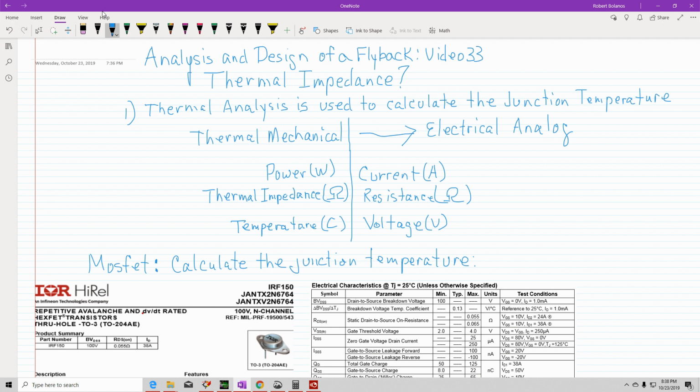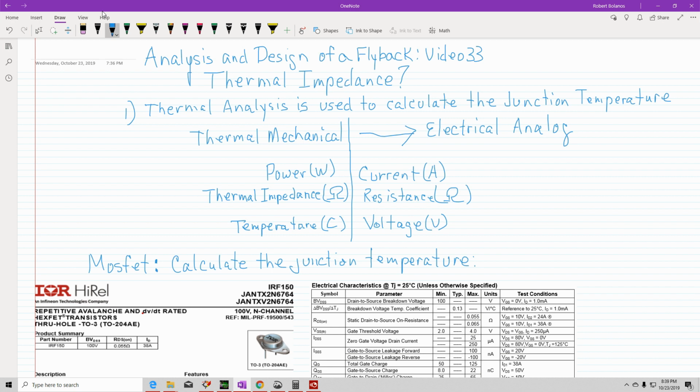changing it from 0.5 to 0.1, and I ran a simulation, and it showed that the output, which was supposed to go to 12 volts, did not go to 12 volts. Instead, it went to 6 volts. And then we saw that the drain was clamped at 100 volts because this is a 100 volt part.